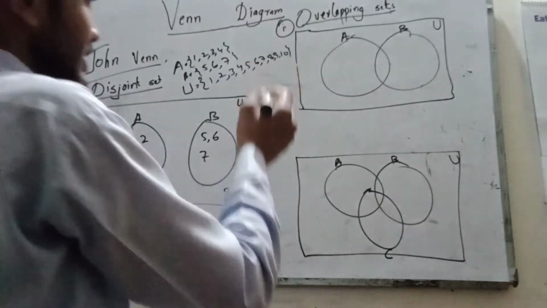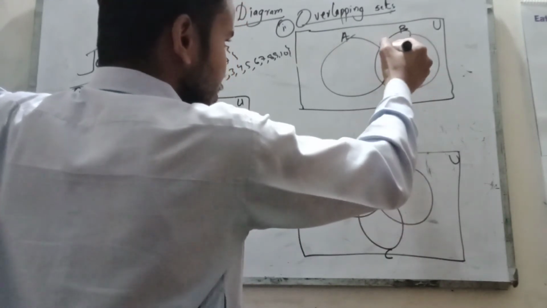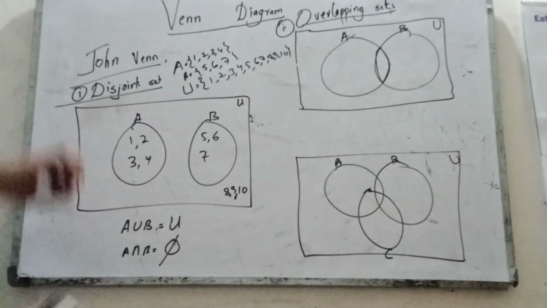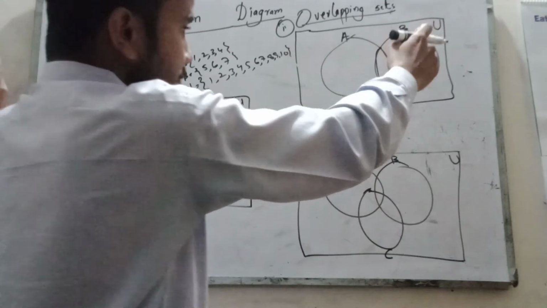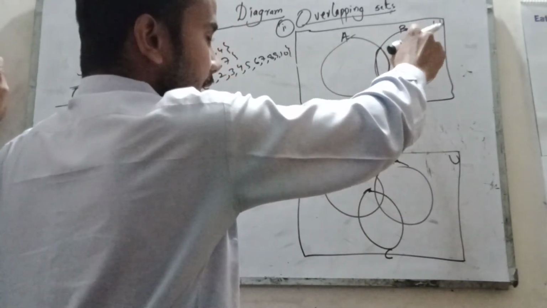So in the overlapping sets, this portion is of common elements, this portion is of the A set elements, and this portion is which are not common in A will be writing here.